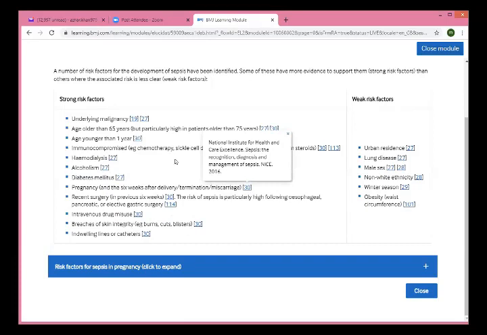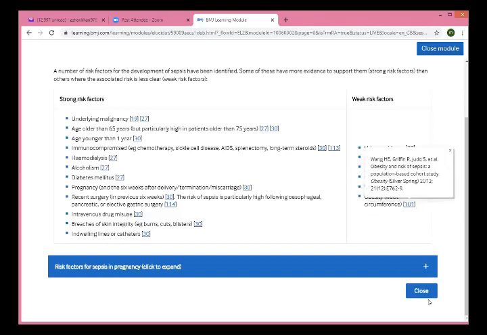They're all risks for sepsis. Weak risk factors are non-white, male, lung disease, urban, obesity.